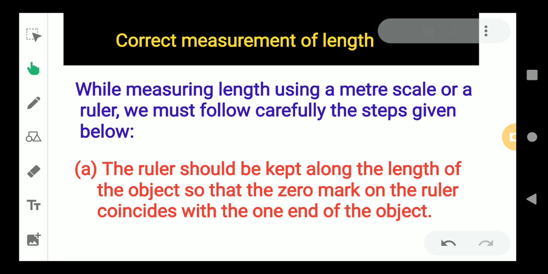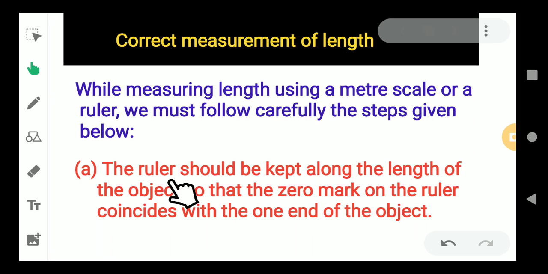Now, let's see what are the things we should keep in mind to make a correct measurement of length. There are certain things we should be very careful about while measuring the length of objects. While measuring length using a meter scale or a ruler, we must follow carefully the steps given below.